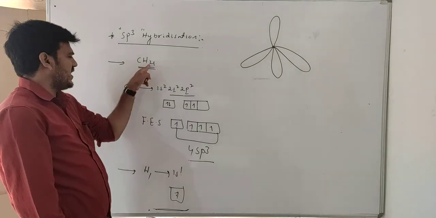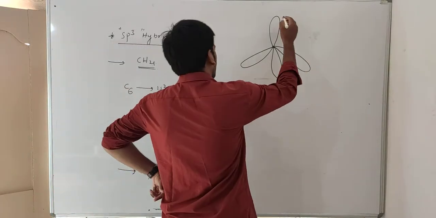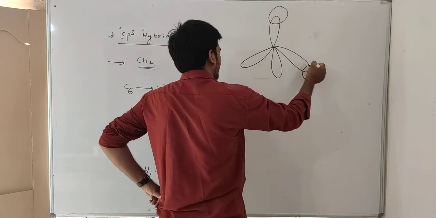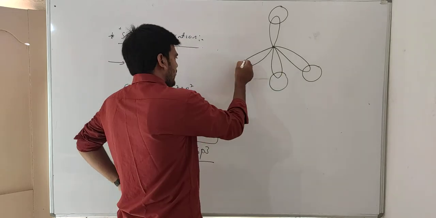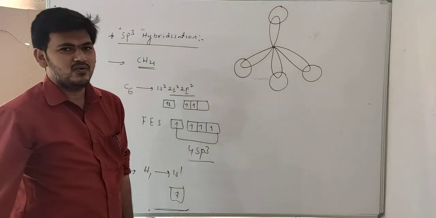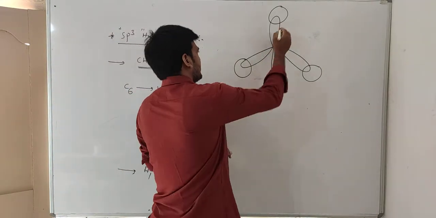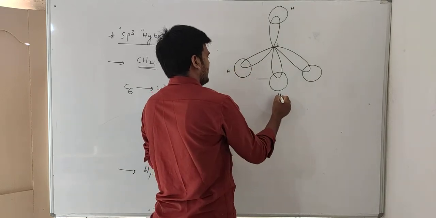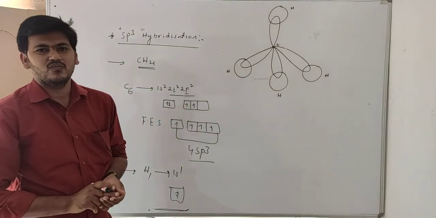Next, 4 hydrogen atoms. The hydrogen atom has only an s orbital. First hydrogen atom, second, third, fourth hydrogen atom. First of all, carbon, C. Next, hydrogen, hydrogen, hydrogen, hydrogen. CH4.